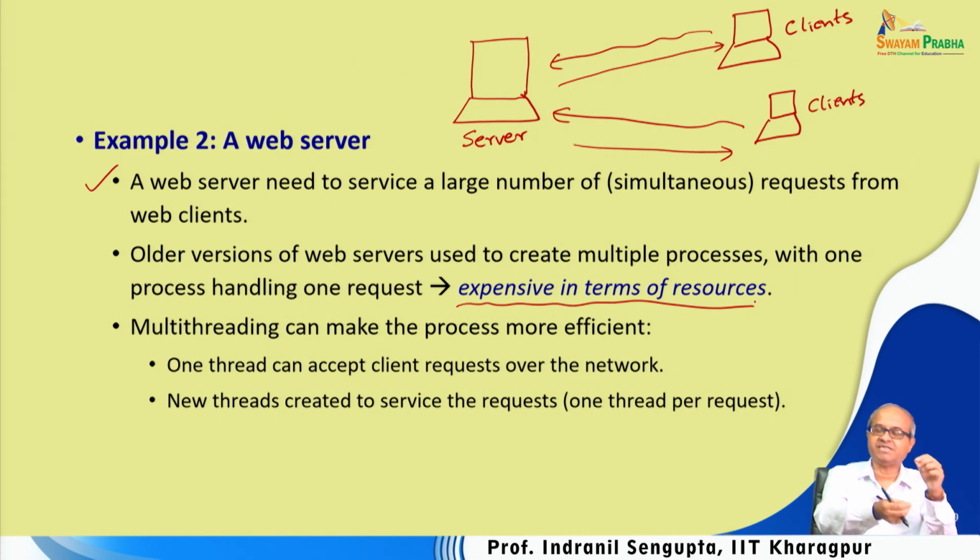Each thread will handle one user request, because threads are so lightweight, they require much less memory and other resources, they will be much more efficient, and the server will be able to handle many more client requests than it used to earlier. Okay. So, this is one application where you can see multi-threading support can lead to a significant advantage. Okay.